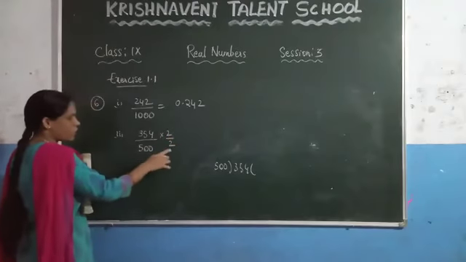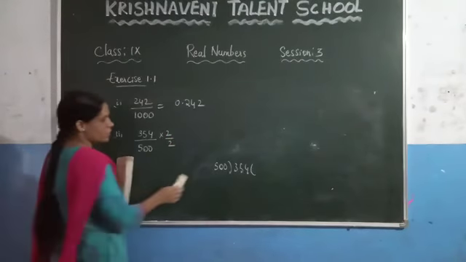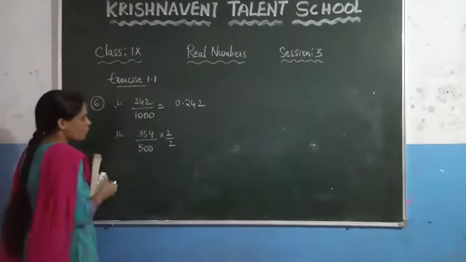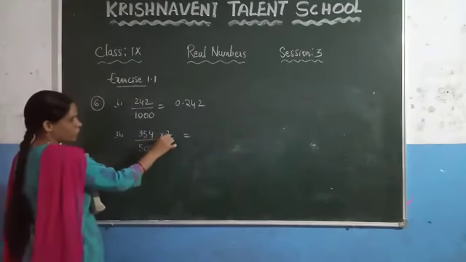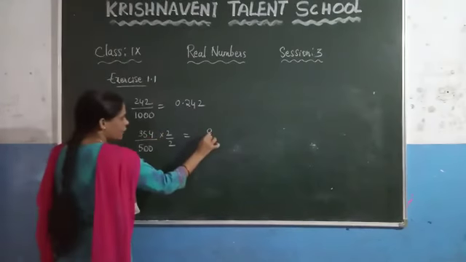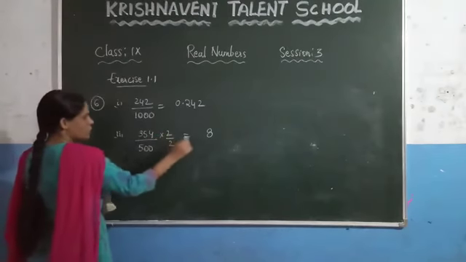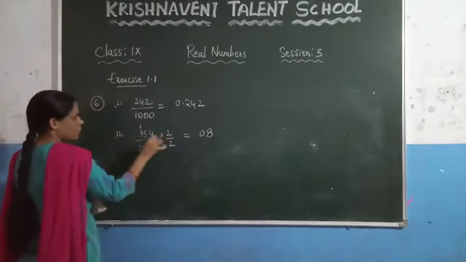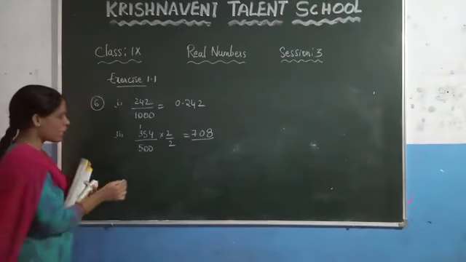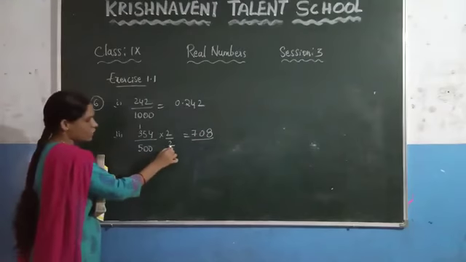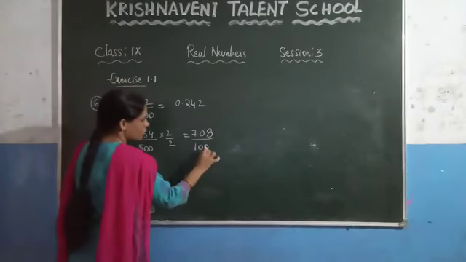So that you get 5 into 2, which is 10. What will you get here? 354 into 2. What is the value of 354 into 2? 4 2s are 8. And after that 5 2s are 10, 0, 1. 3 2s are 6 plus 1, which is 7. 708. And after that, the value of 500 into 2 is 1000.